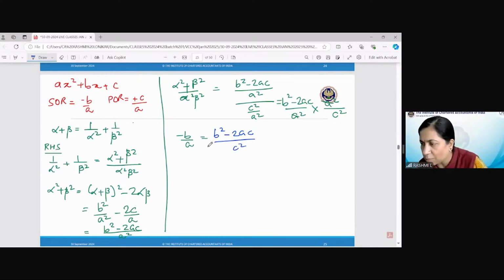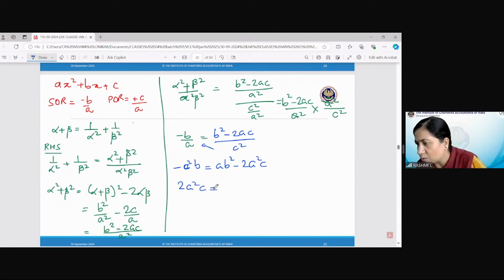I cross multiply. So I get minus c square b is equal to ab square minus 2a square c. Okay, so I take the 2a square c to this side. So 2a square c is equal to ab square plus bc square.